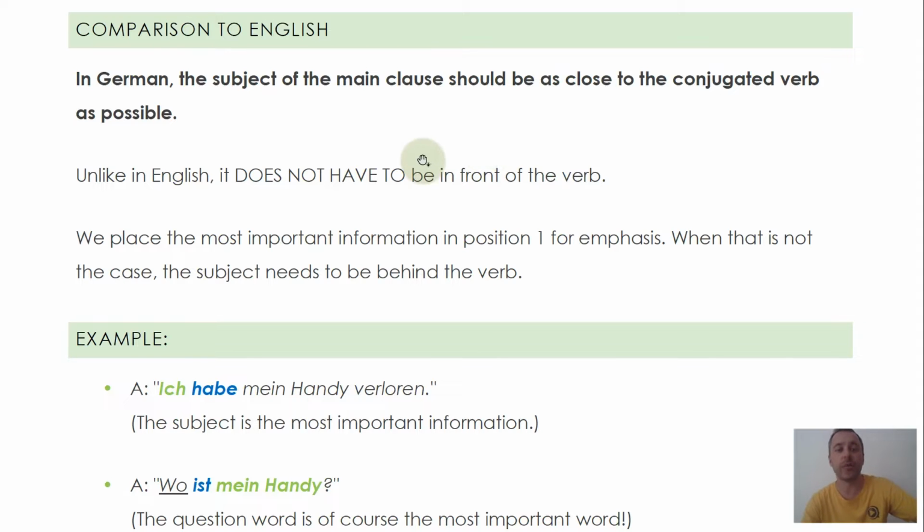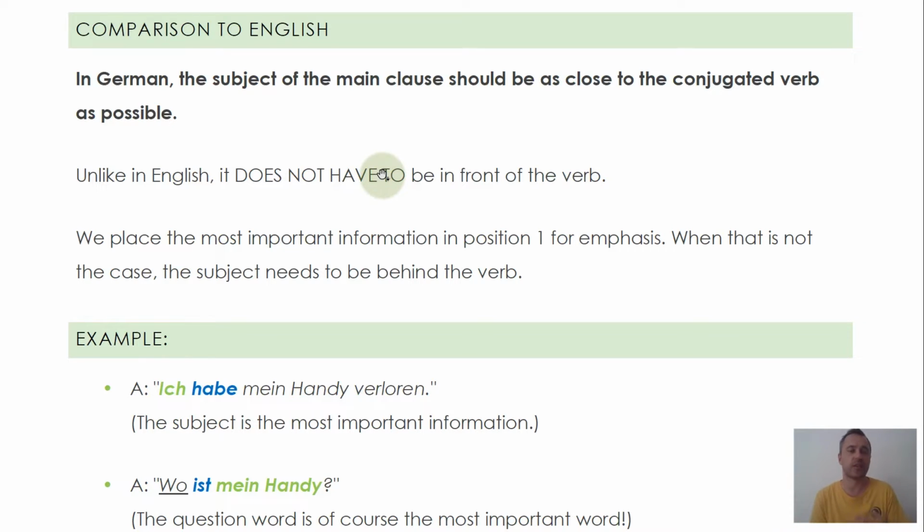In German, it's a little bit different. The subject usually wants to stay close to the conjugated verb, but that doesn't mean it has to be in front, like in English. This is the case for the main clause. In the subordinate clause, it is different.